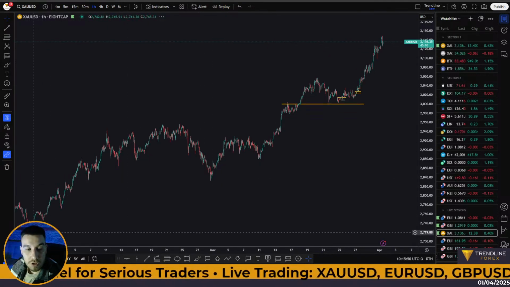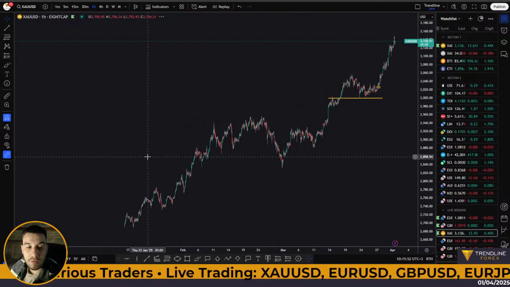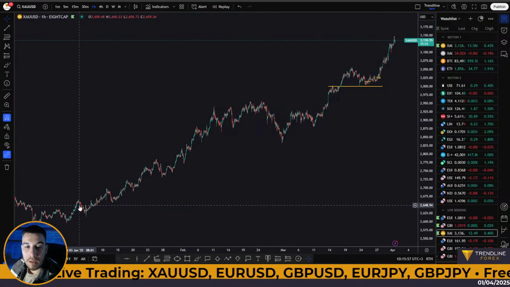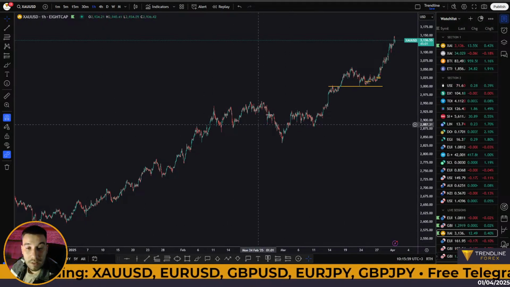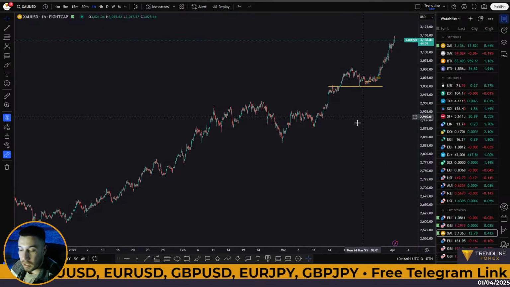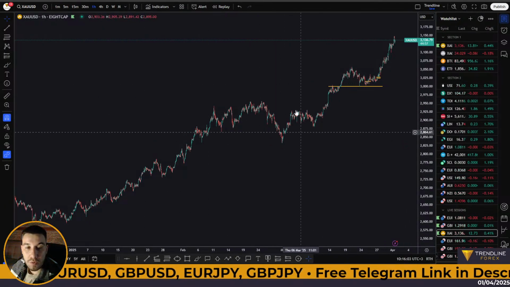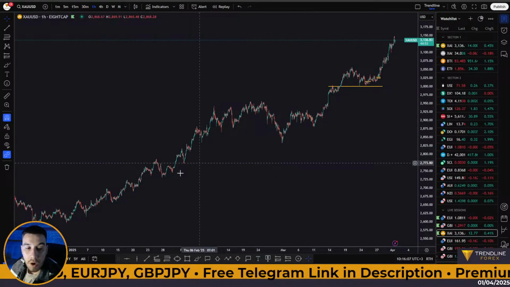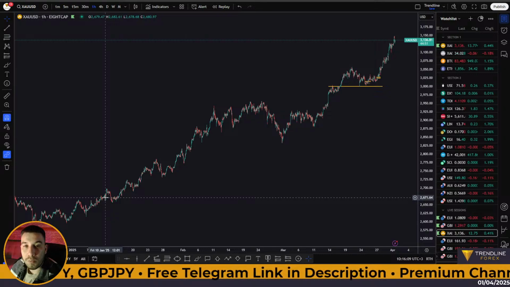Why? Because you look at this massive uptrend right here. Like I said, we didn't have that many pullbacks, right? Within this whole trend we literally had just this pullback, which stands out when you look at price action like this. But other than that, we've just been looking to buy, okay?